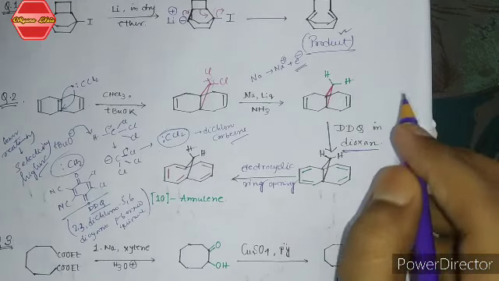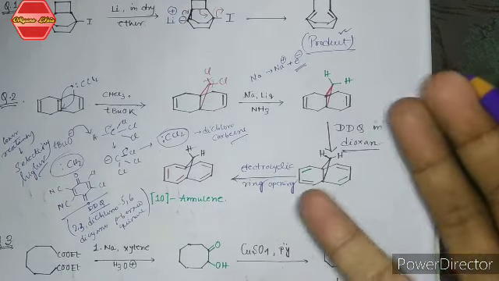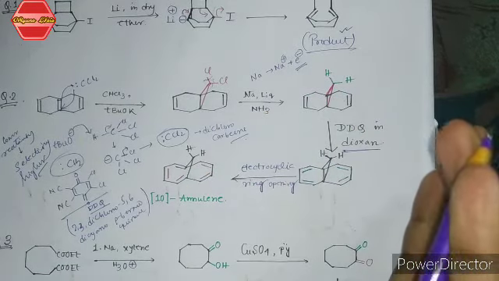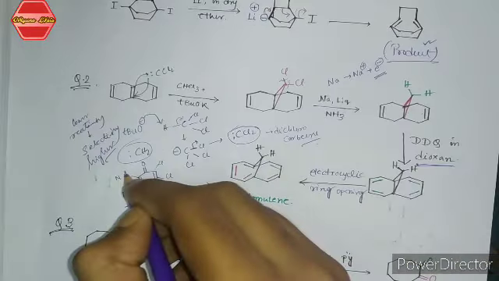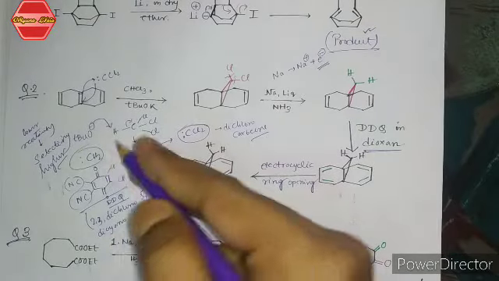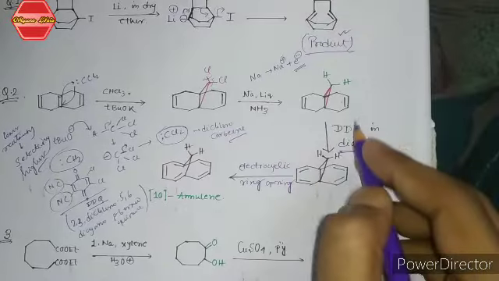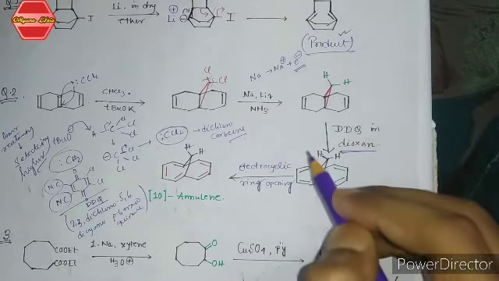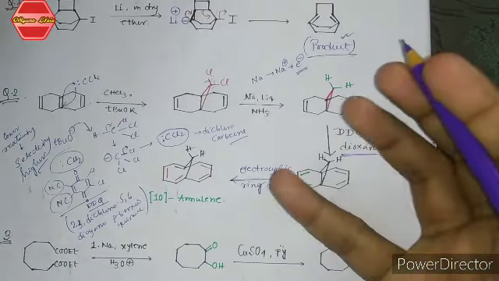DDQ is a very good and highly reactive oxidant, just because of these two cyano groups present on this para-benzoquinone. Okay, so this is how the reaction proceeds, and this is the oxidation reaction, and it has a very important role in forming this type of compound into an aromatic one.